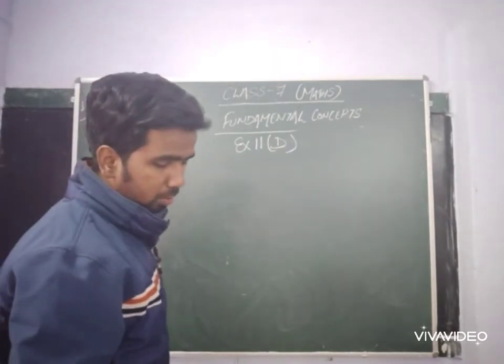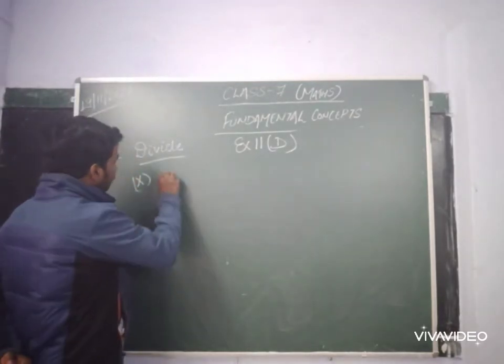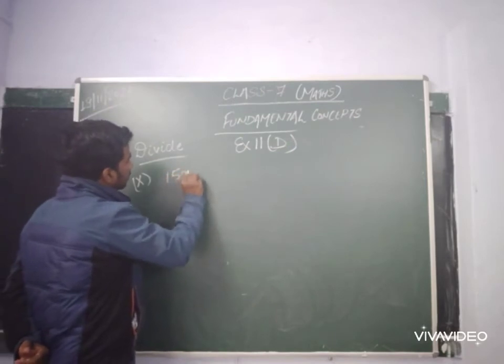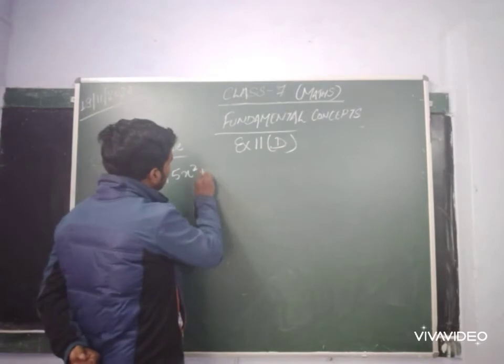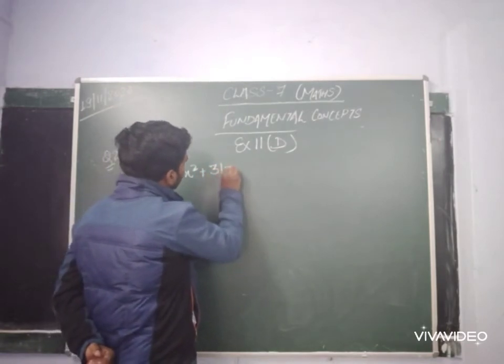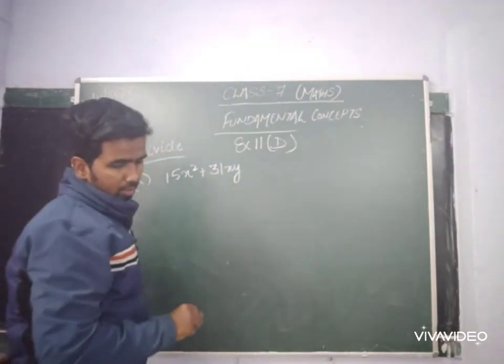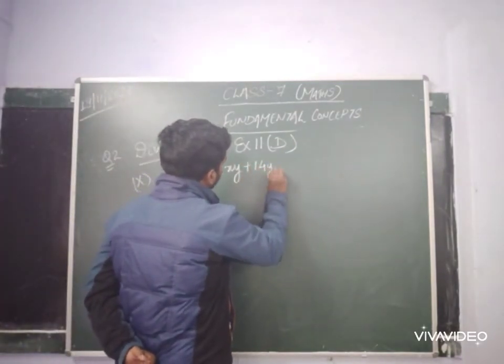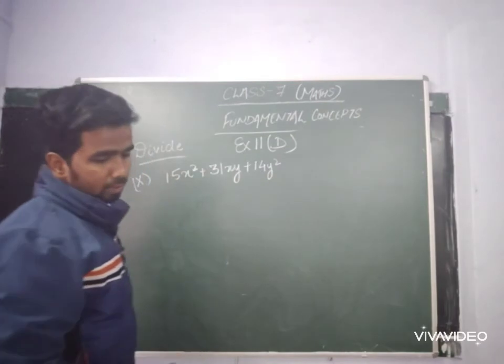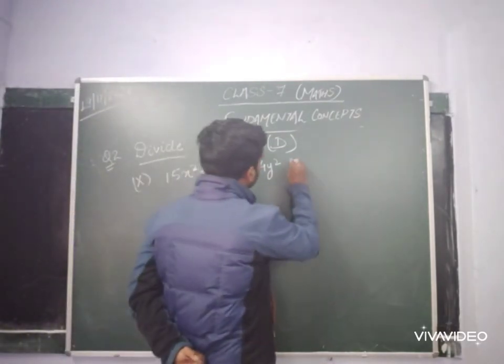So your question number 10 is 15x square plus 31xy then plus 14y square, and you have to divide it with 5x plus 7y.